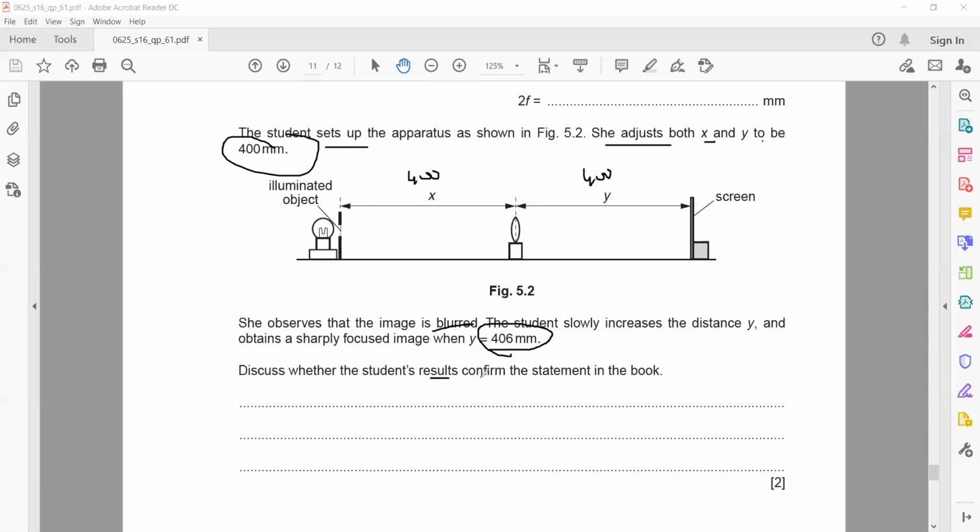Discuss whether the student's result confirms the statement in the book. What is the statement in the book? The statement in the book says when the value of x is equal to the value of y, the object is placed at 2f.